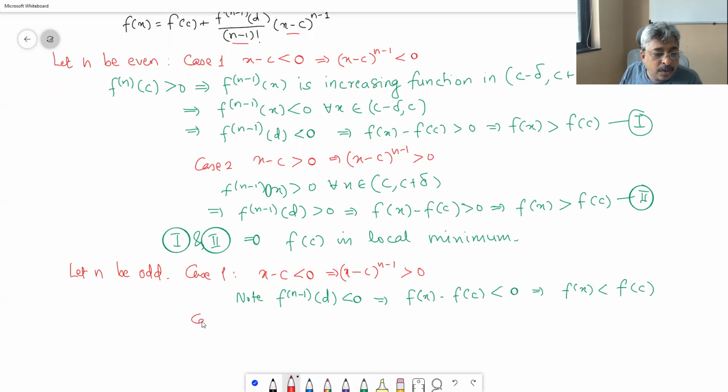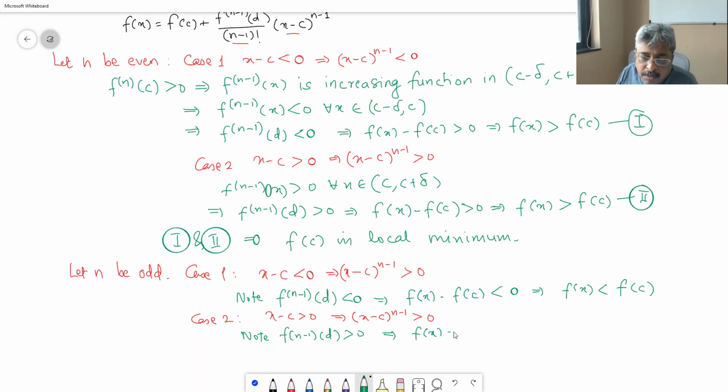Case 2: x minus c greater than 0 implies x minus c raised to n minus 1 is also going to be greater than 0. And the condition here is, note, fn minus 1 evaluated at d is greater than 0, so both of them are greater than 0. Therefore, f of x minus f of c is greater than 0, which implies f of x is greater than f of c.